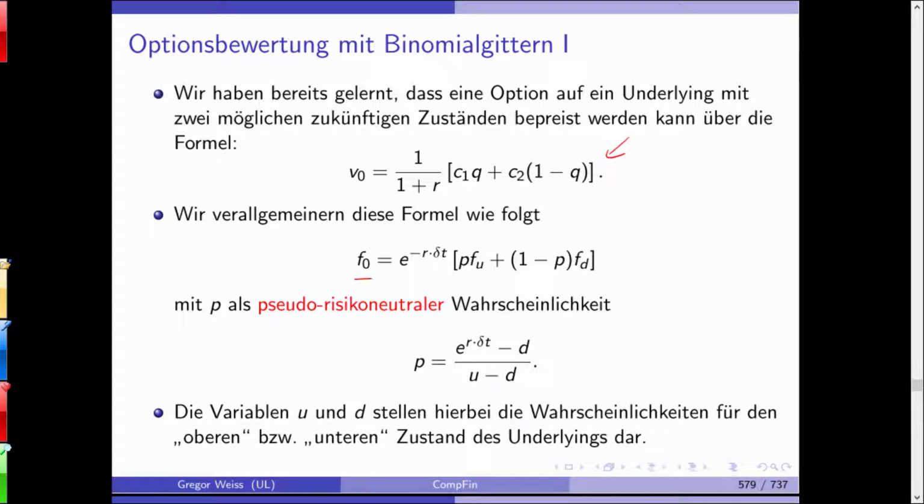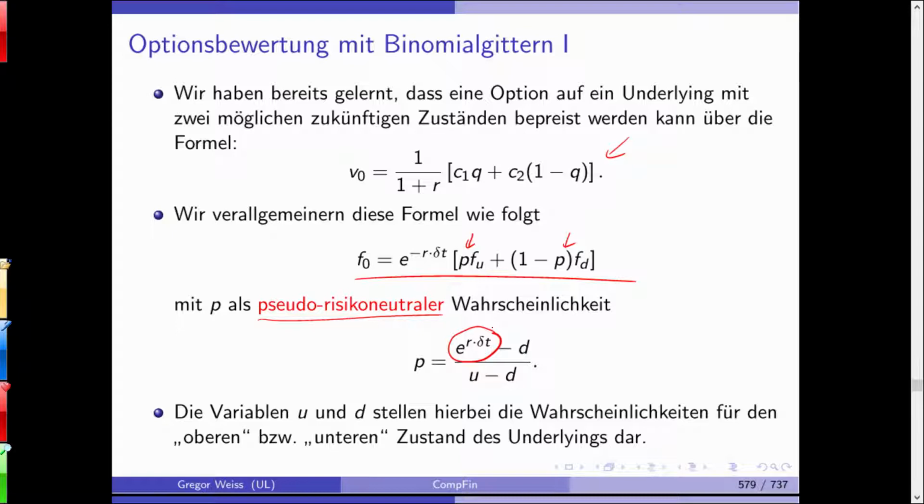Now let's generalize the risk-neutral pricing formula. We are now using a continuous discount factor, and we are using these probabilities P and 1 minus P. Again, those are pseudo-risk-neutral probabilities, now here with the continuous interest rate.